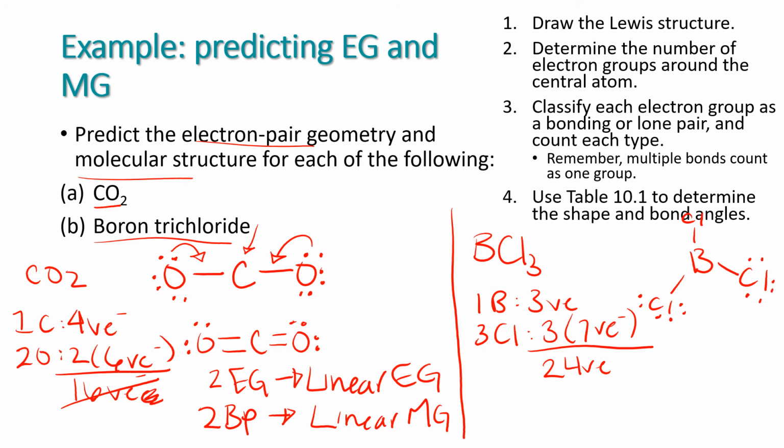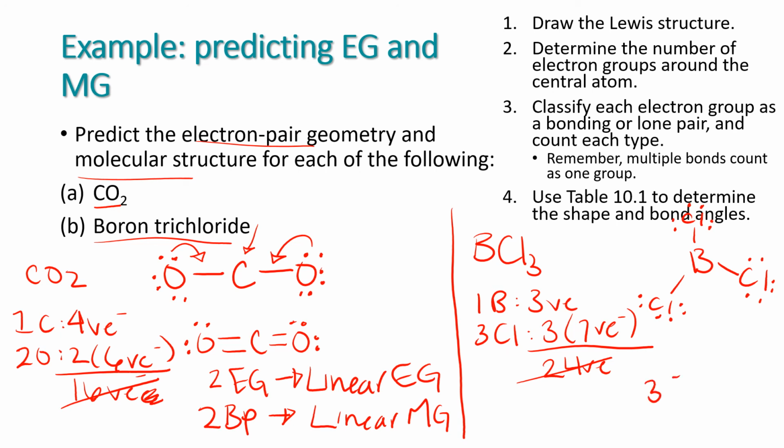Then you start distributing electrons. And remember, boron is one of those exceptions that can have less than 8 electrons around it. It's fine. So far we have used up 6 times 4, that's 24. So we're done. Everything has an octet besides that boron. It's okay. It's one of the exceptions. So how many electron groups do we have around this boron?